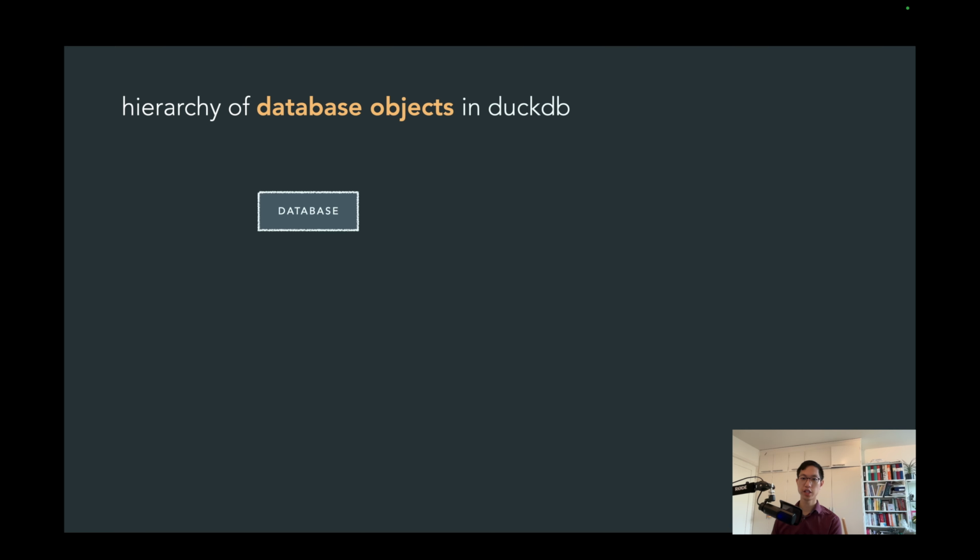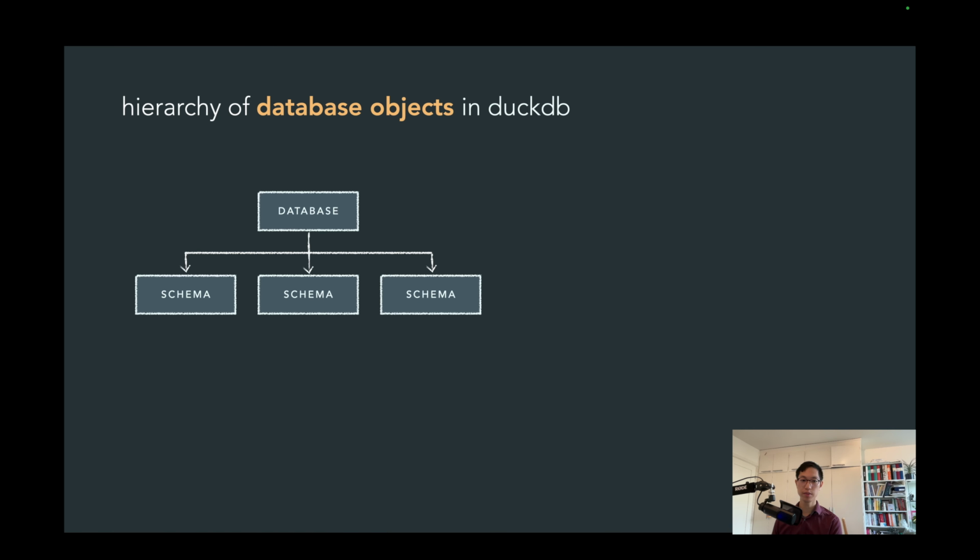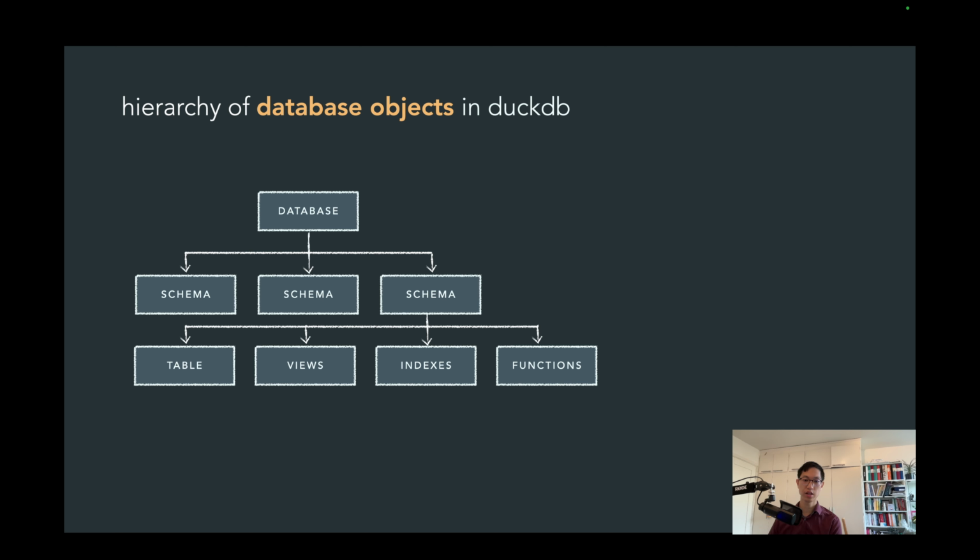And the hierarchy of database objects in DuckDB looks like this. We have a database and several schemas, and in each schema we have database objects like tables, views, indexes, and functions. In DuckDB, the database is in a file or in memory. So if you just run DuckDB in the CLI, you will get an in-memory database, so the database won't be stored anywhere.